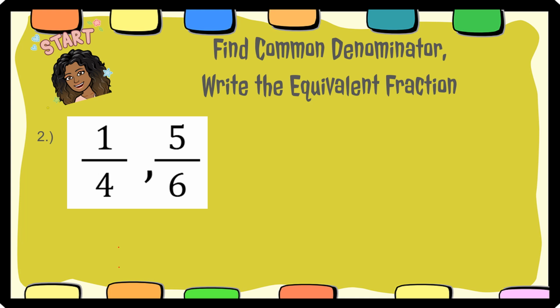Number 2, 1/4 and 5/6. The denominators in this problem are 4 and 6. And the numerators are 1 and 5. So the first thing we've got to do is write out our multiples of 4 and 6. My multiples of 4 are 4, 8, and 12.